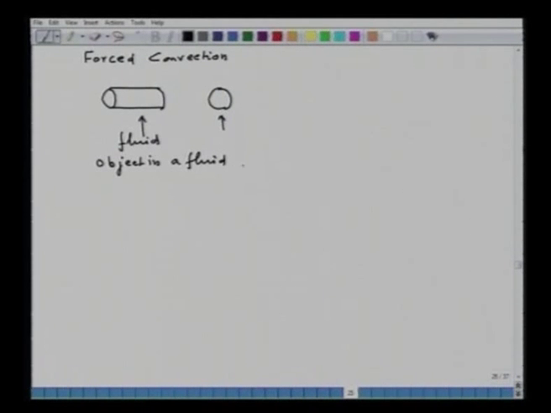These are examples of forced convection heat transfer. Another example you can think of is that of the heat exchanger. See here, fluid in, fluid out, hot fluid in, hot fluid out. This is typically a heat exchanger.